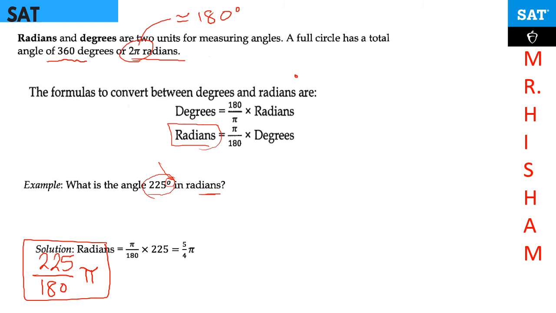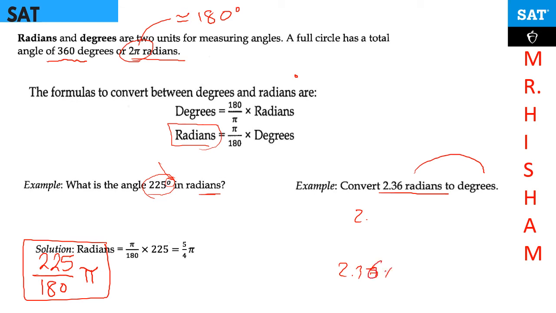After simplifying, that gives you 5 over 4 pi. What about changing from radian 3 pi over 4 to degrees? You are going to multiply 3 by 180 and divide the answer by 4, which gives you 135 degrees.